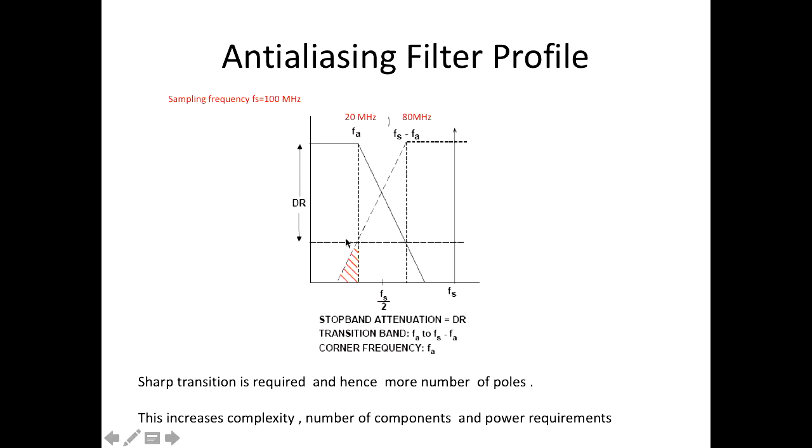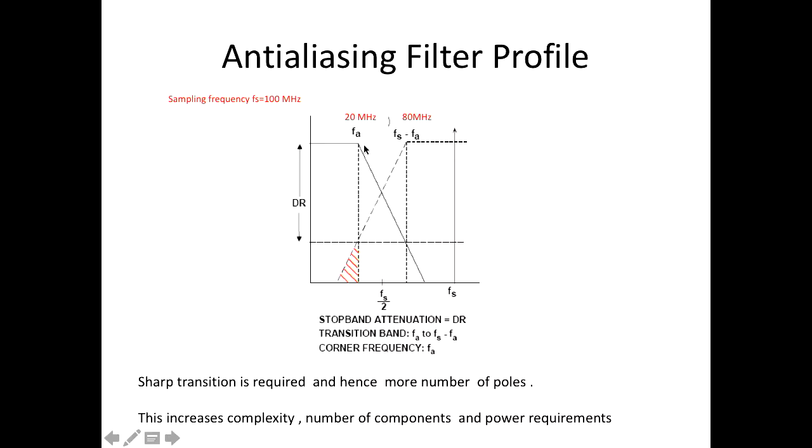From here is the stop band frequency. Here you can see 20 megahertz is your frequency of interest, and you are sampling at 80 megahertz, so your stop band should be at 80 megahertz. If it is not, whatever is coming beyond will fold back into the region of interest. This width is very small, 80 minus 20, which is 60 megahertz.